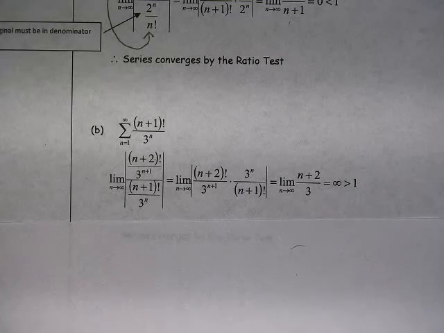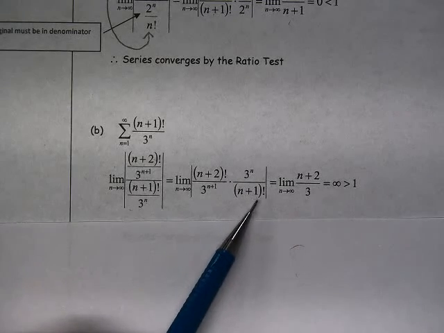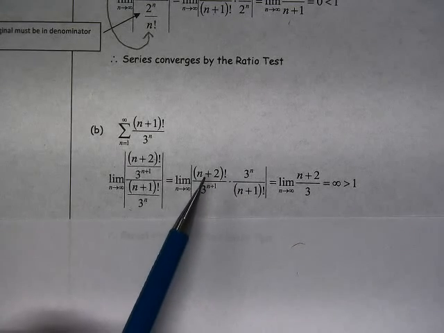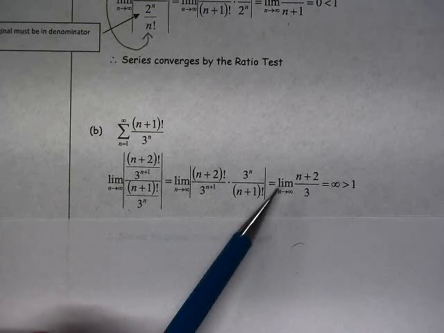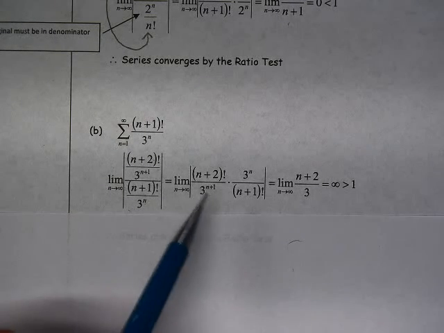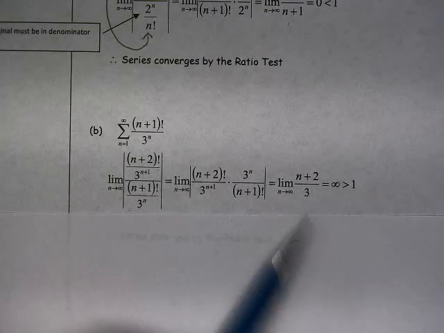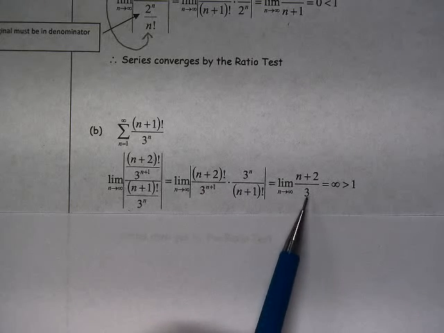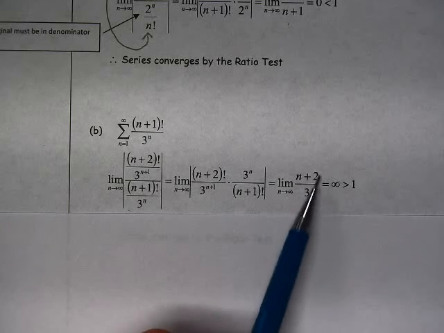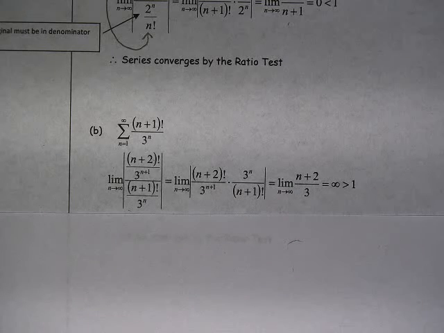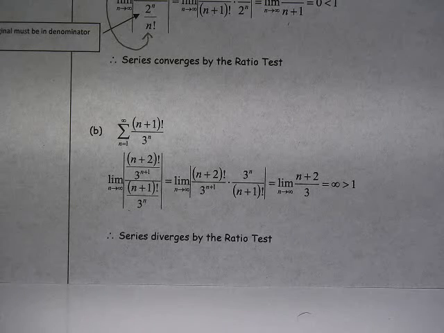We multiply by the reciprocal. So the n plus 1 factorial cancels out all this stuff here other than the n plus 2. So that's all that's left. And the 3 to the n plus 1 and the 3 to the n cancel out everything but a 3. Now we can look at that limit. The numerator is going to approach infinity, so the limit itself is infinity. That's obviously greater than 1. So this series is going to diverge by the ratio test.